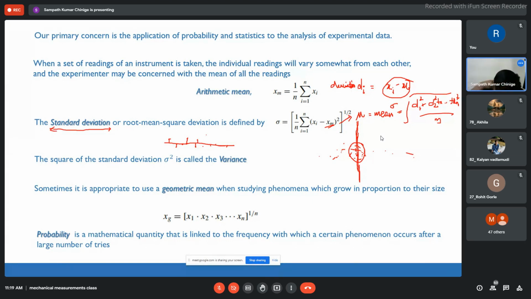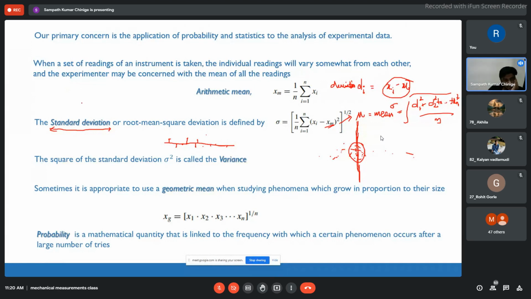I'll tell you a secret: when we calculate your marks and grade them, how do we do the grading? This will help you understand why you get marks in a different way.